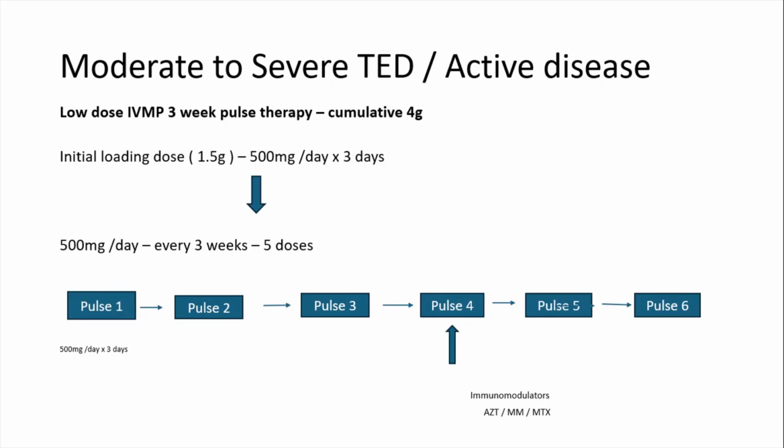So if we start with the pulse 4 therapy along with immunomodulators, by the time we exhaust the 6th pulse, the immunomodulator will reach its peak activity and hence the relapses would be prevented.